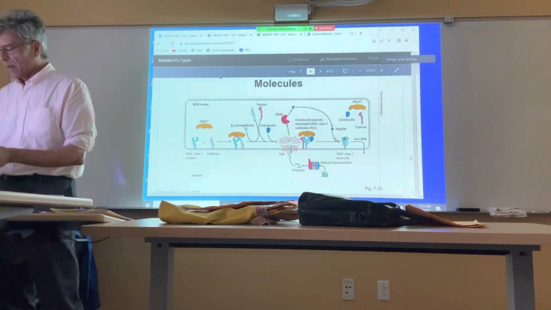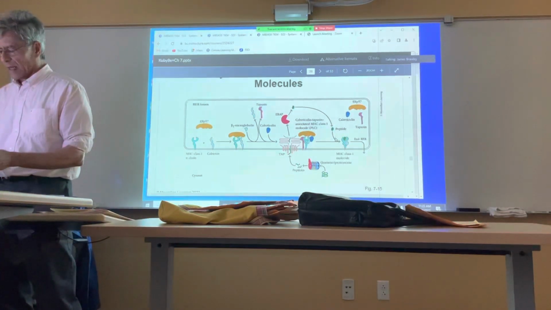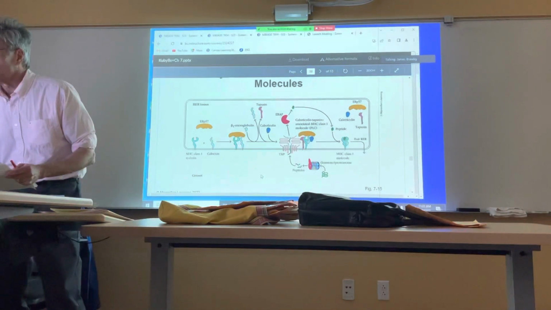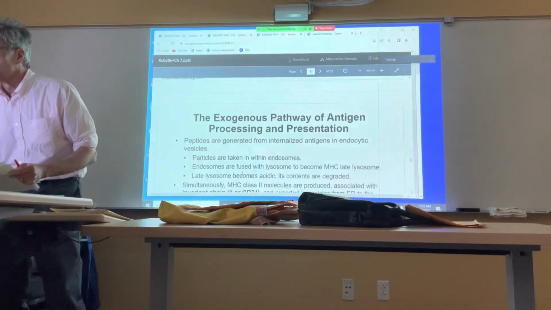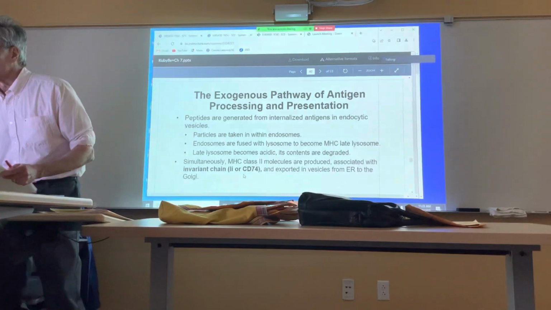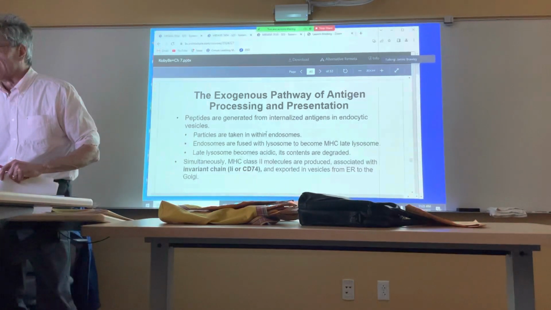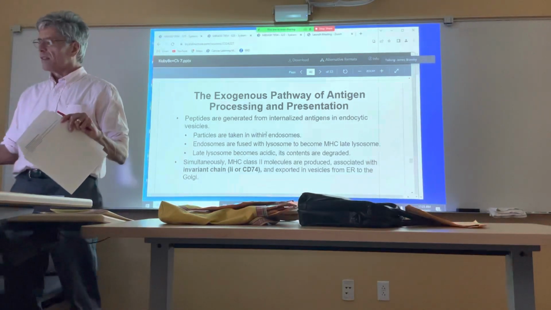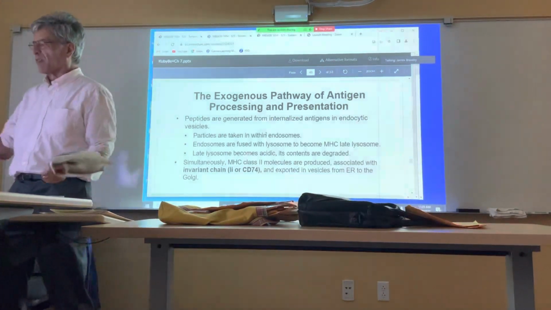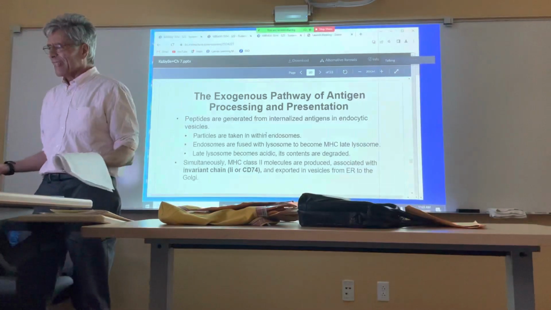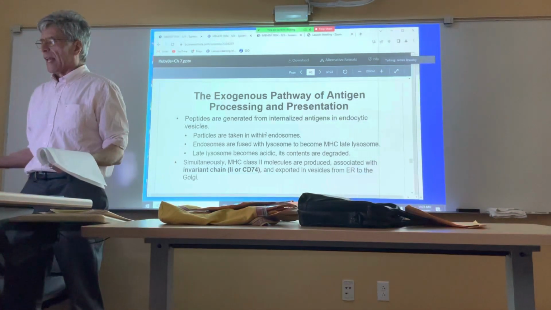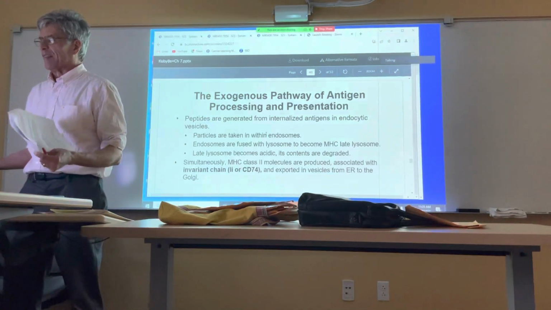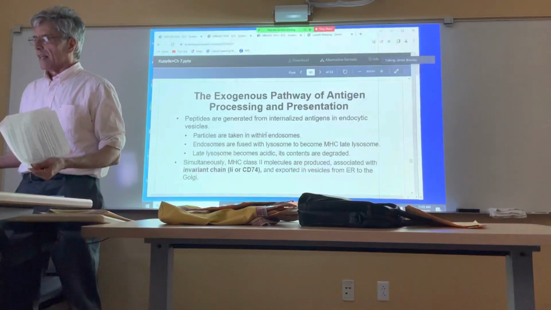The exogenous pathway is a somewhat different story. So the antigens are internalized, they go into endosomes, and there's a whole thing about endosomes fusing with lysosomes, becoming those early and late endosomes, and I think the later ones are always more acidic.